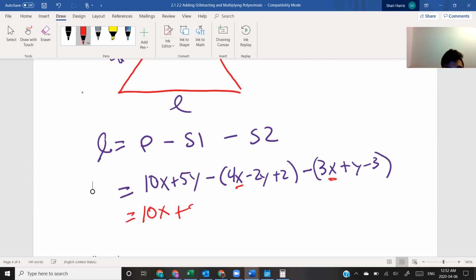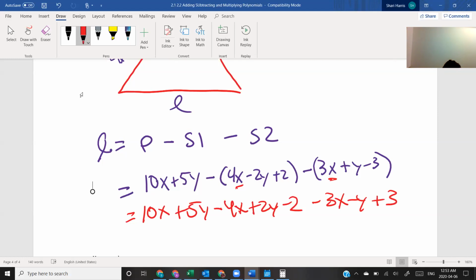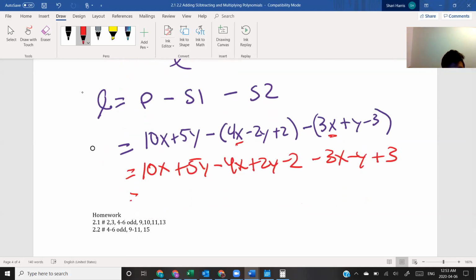10x plus 5y. This minus applies to all the terms. Minus 4x plus 2y minus 2 minus 3x minus y plus 3. And now we could collect like terms and simplify.